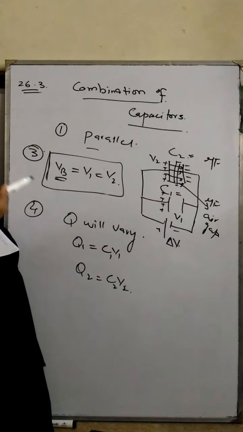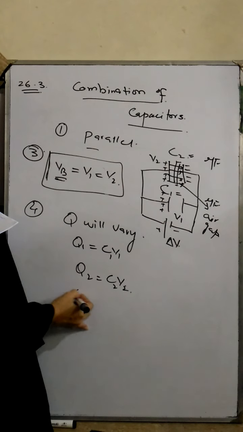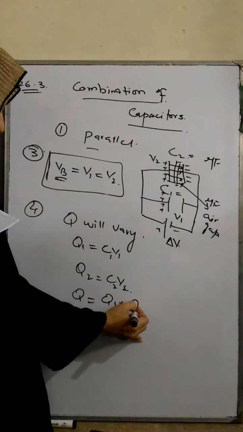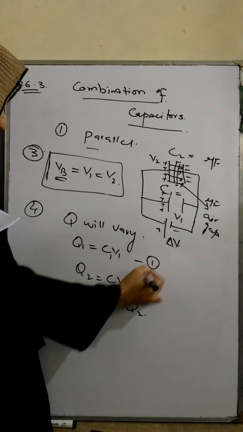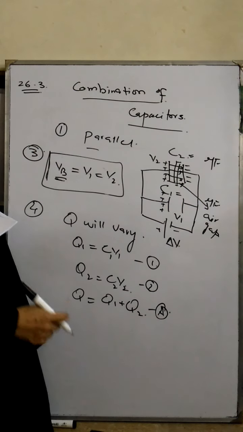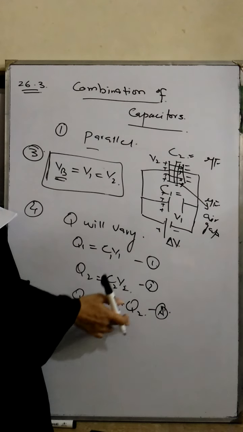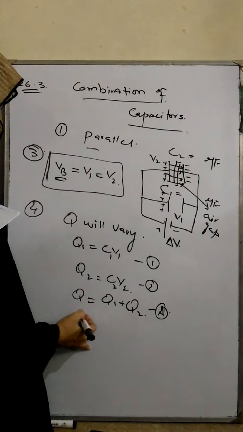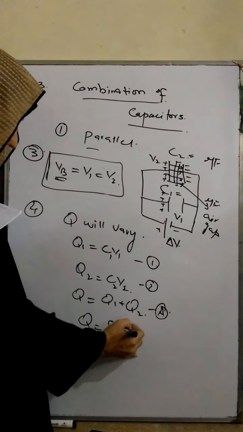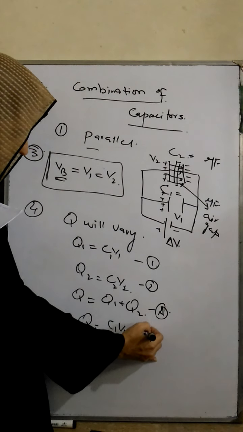So if I need to find the total charge within the circuit, for that I will have Q is equal to Q1 plus Q2. So this is equation 1, this is 2, let this be A. Now putting 1 and 2 in equation A, I'll be getting Q is equal to C1 V1 plus C2 V2.